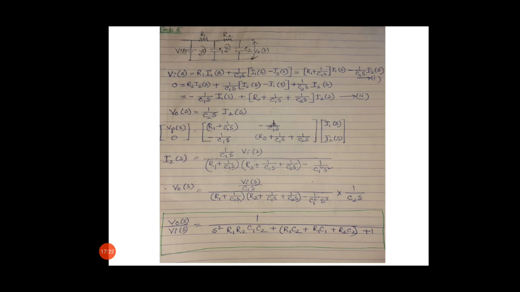From this matrix we calculate I2(s). After simplifying I2(s) we put this I2(s) in our output voltage equation. After putting I2(s) in the output voltage equation we find the transfer function of this system, and this is expressed by this equation.